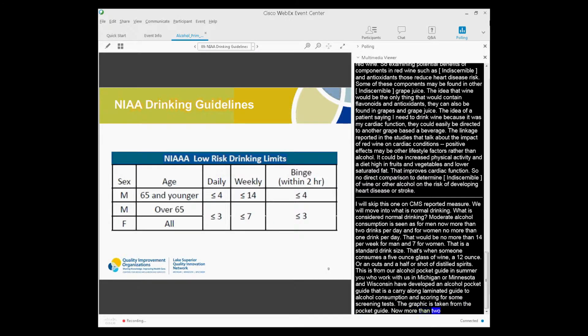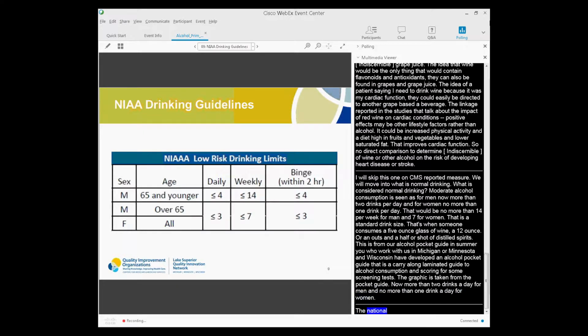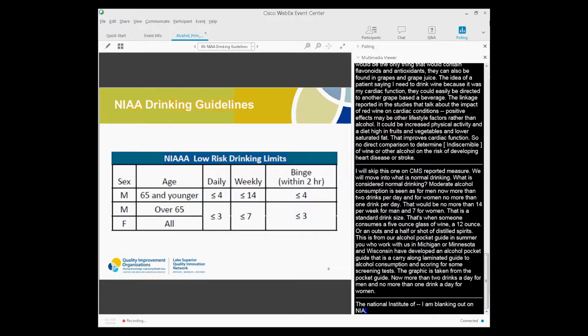Now, the National Institute of... I'm blanking on NIAAA, but the NIAAA drinking guidelines, they talk about for 65 and younger, less than 4 drinks a day, no more than 14 a week.